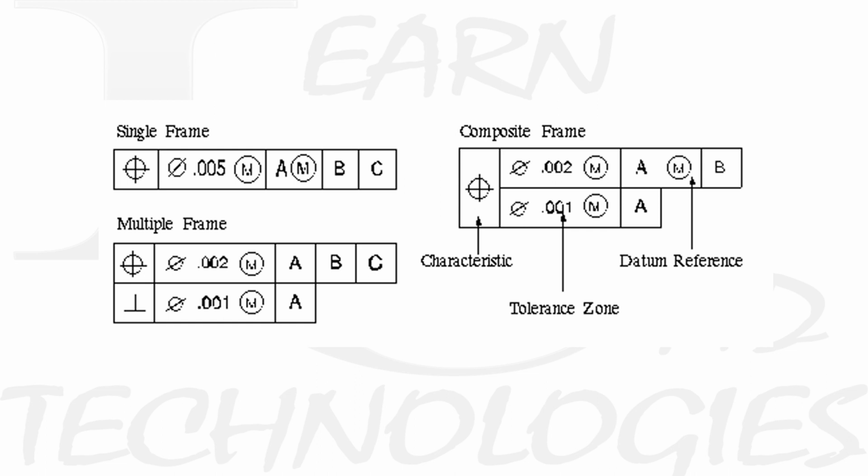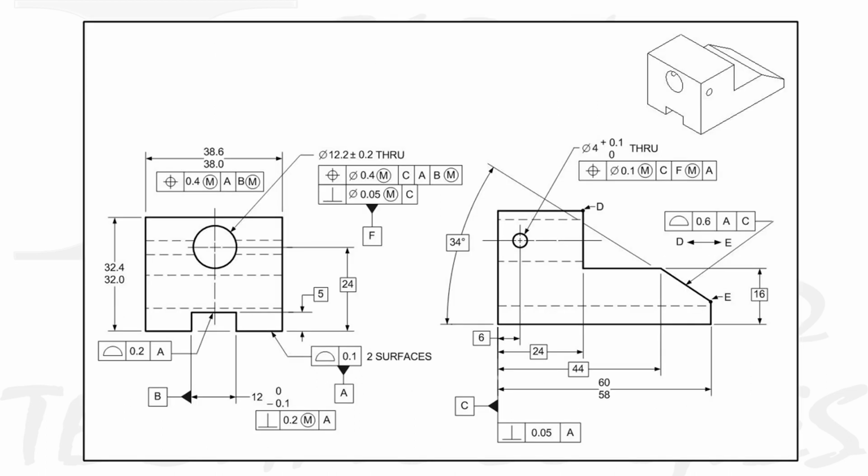This image is just a sample to understand the use of the single, multi-frame, and combined frame. You can see some tolerancing values and how they are mentioned. Each country has a different style to mention it, and each industry has its own style to express it. Some people use callouts for it, some people use normal hole size for it.